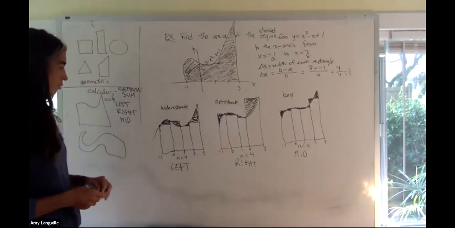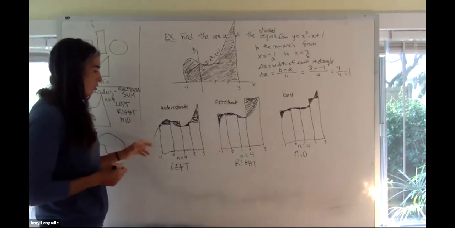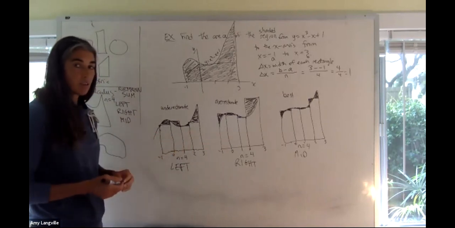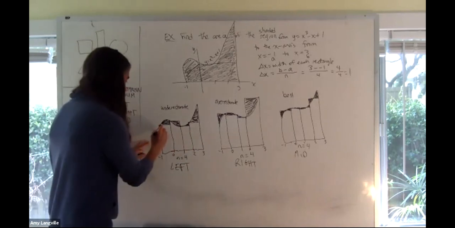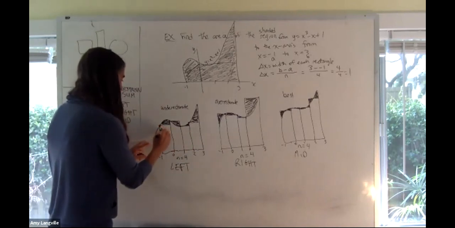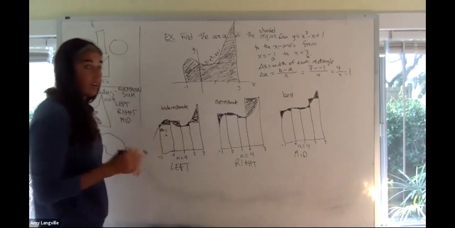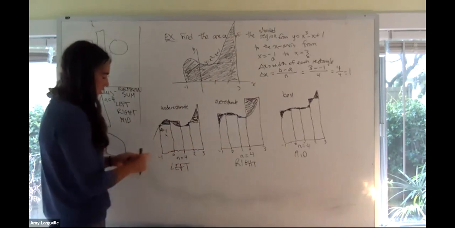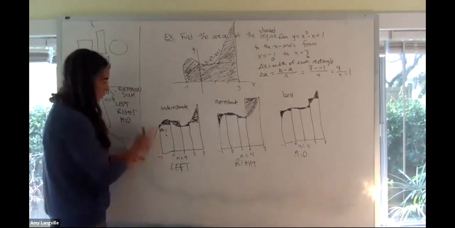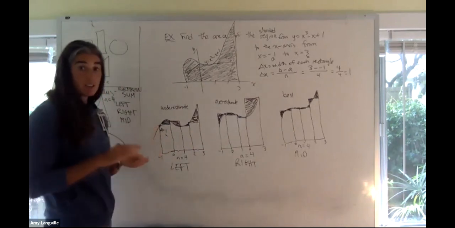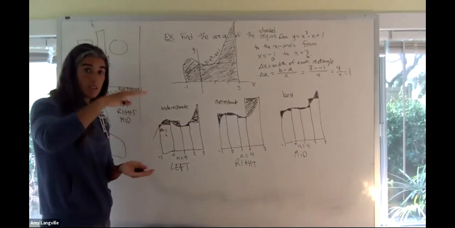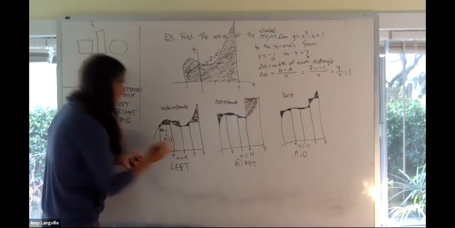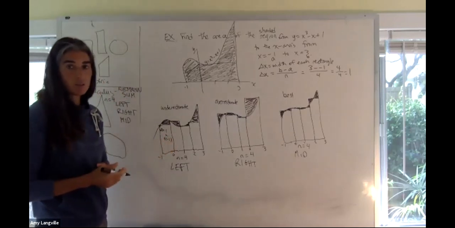So let's start with the left rule. For the left rule, we're going to get the area of each rectangle. They always have a width of 1. So the area of the first rectangle is going to be 1 times the height. Now, what was the height of this? I went to -1 and went up to the function. Well, that's just asking about the height of the function at -1, so I need to say 1 times f of -1.